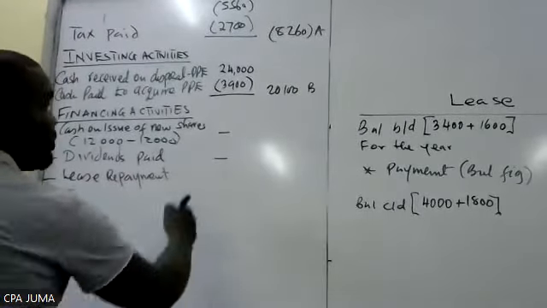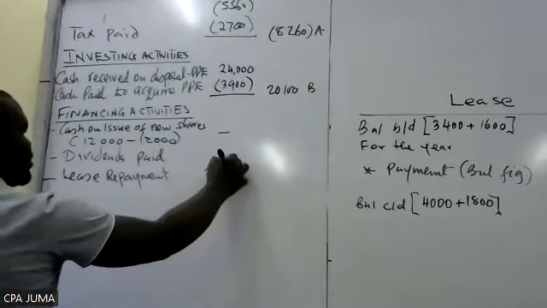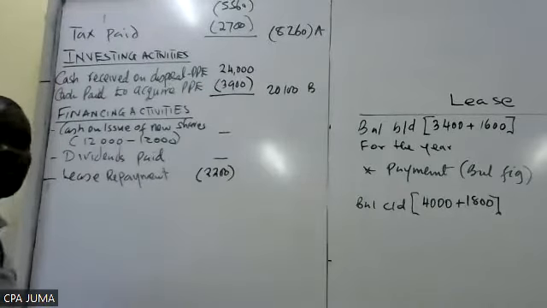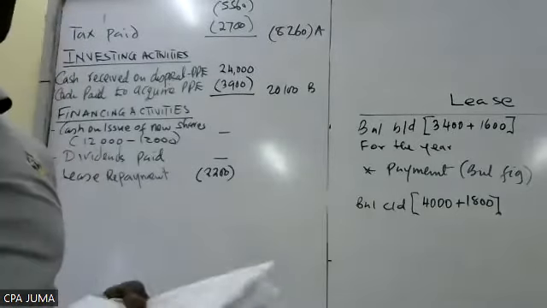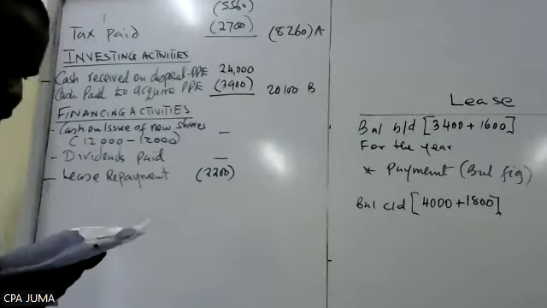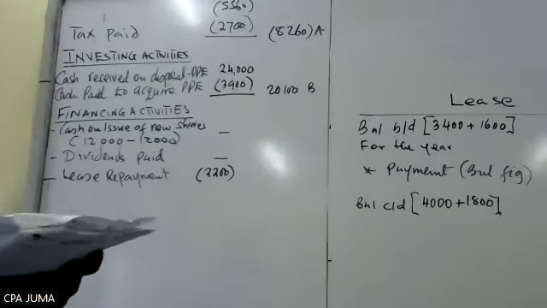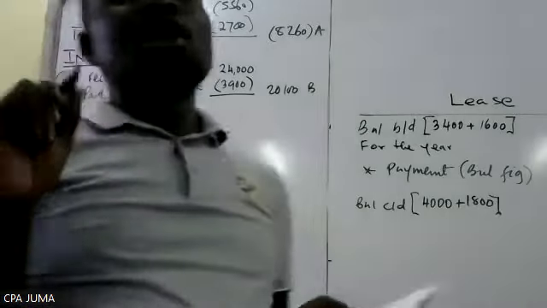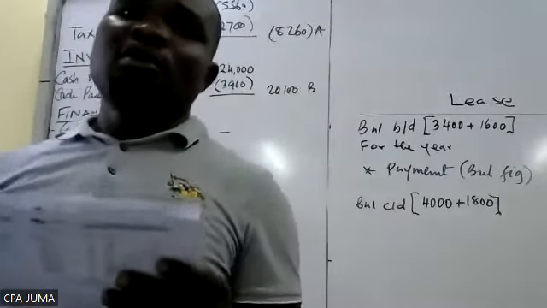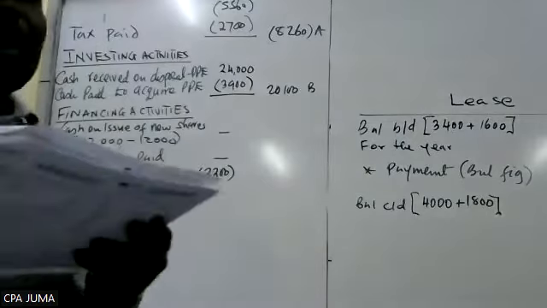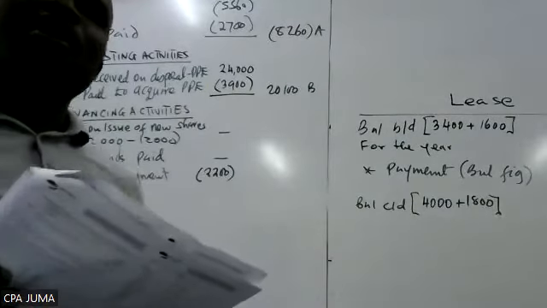So lease repayment is how much? Go to the second item, you just play around there with liabilities. There is 10% what? Debentures. Debenture, first you must know it is a loan. So at the beginning 0. At the end 16. So what happened?